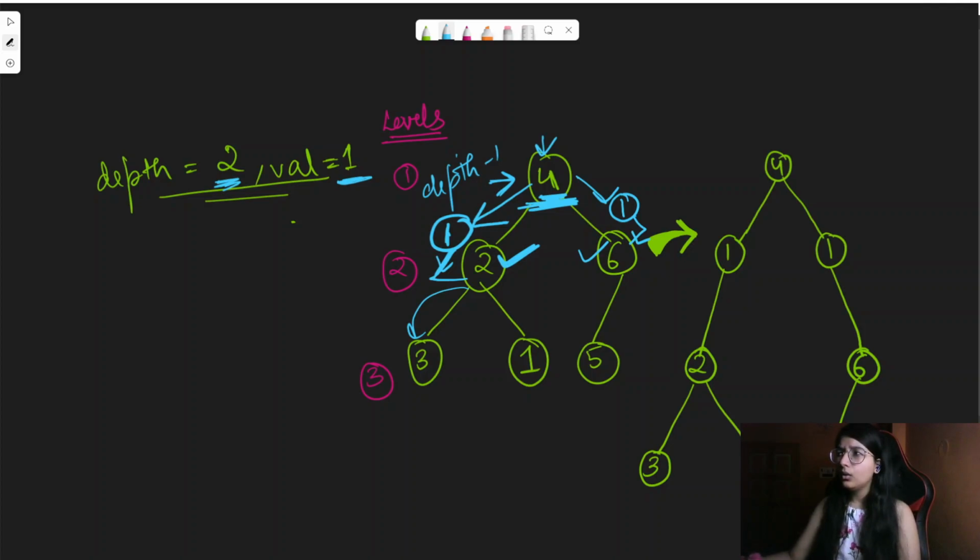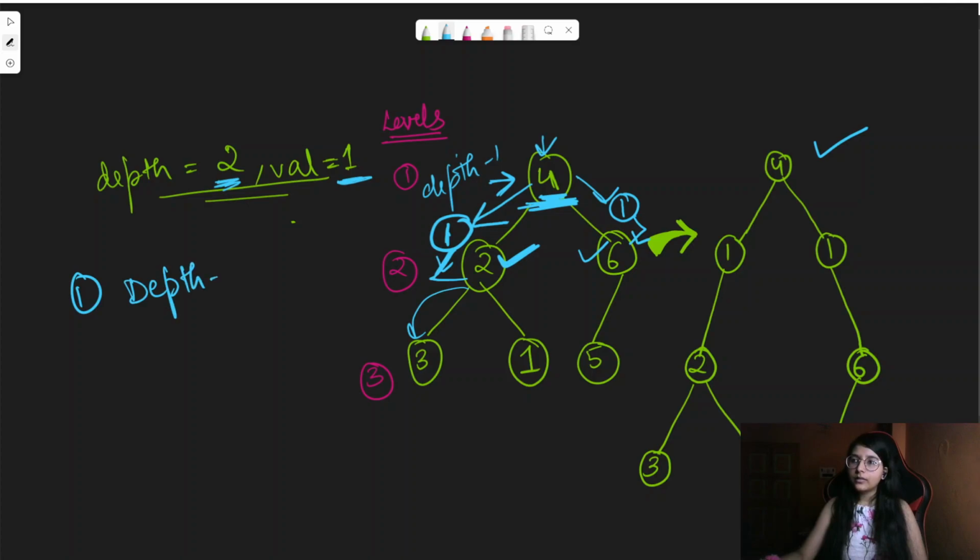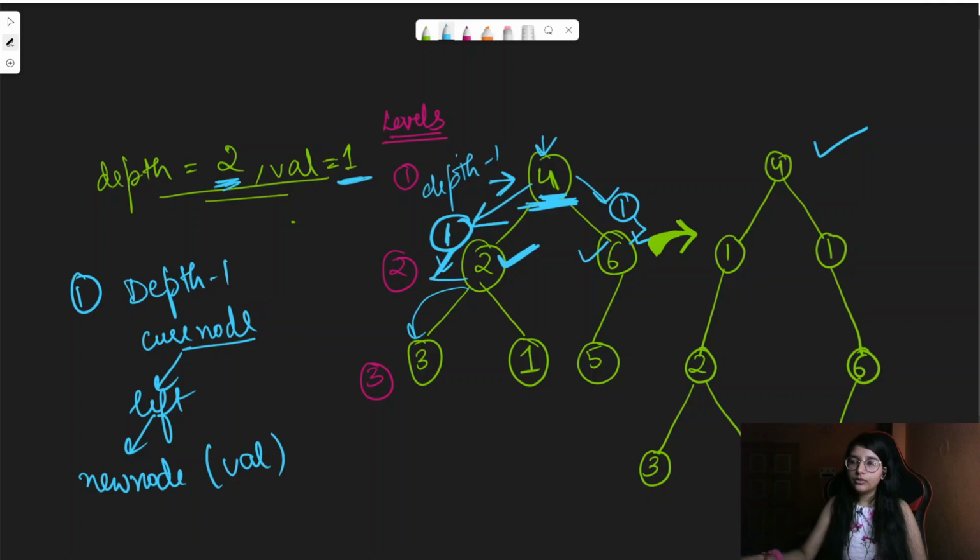And then our whole complete tree would be something like this. So basically the point to consider is that at depth minus 1, towards the left of whatever current node is there, we will add a new node whose value would be equal to val.